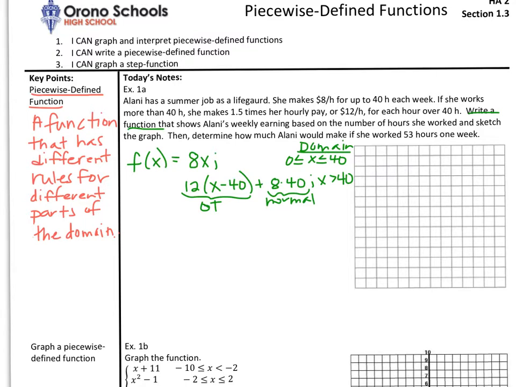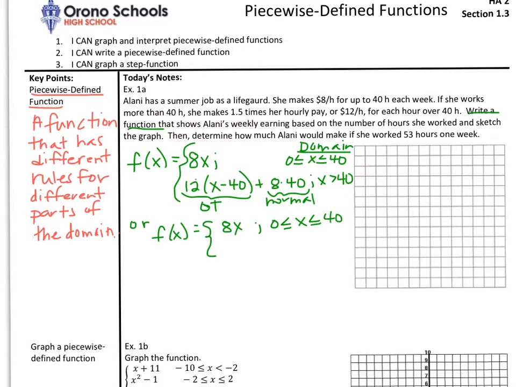Let's take a look at simplifying maybe that second formula. So let's clean this up a little bit. We'll do f of x equals, again. Do you see how we have two parts for this formula? We'll do two parts here as well. Here's our 8x, as long as she works anywhere from 0 to 40 hours.